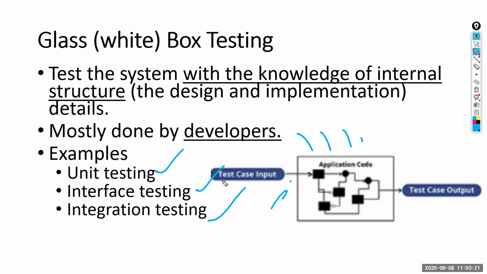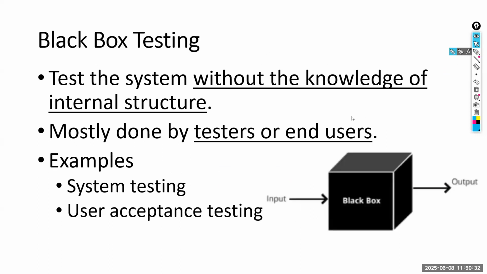Knowing how the interfaces are developed, you test it. So usually the initial types of testing are white box or glass box. Latter testings are more and more black box. Black box testing means, without considering the implementation and design, you just test the system as a whole.